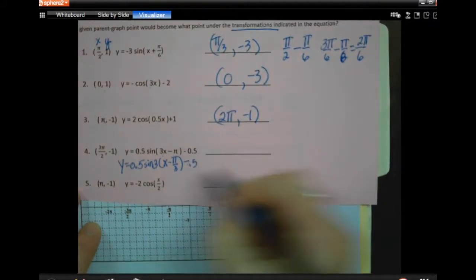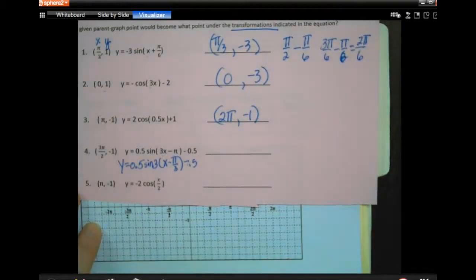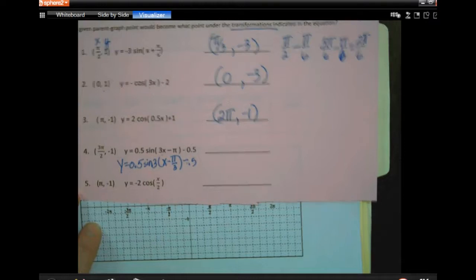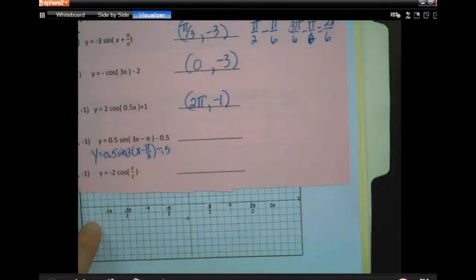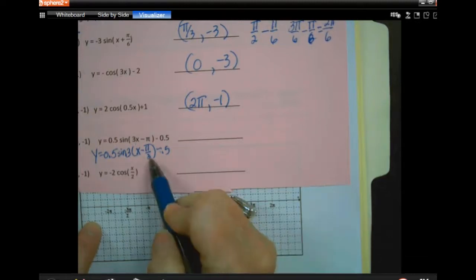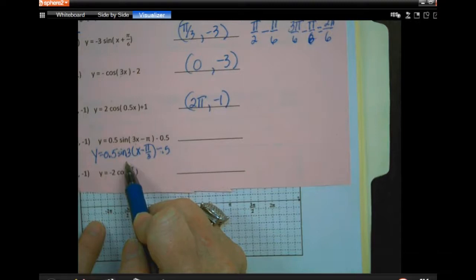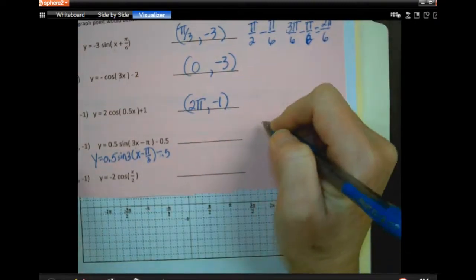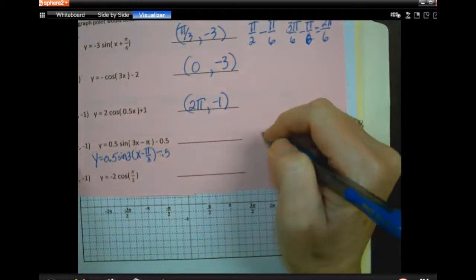So, all right, so next, if I do the 3 pi over 2, and I put it in for x, what affects the x here? Minus pi over 3 and the 3. So what's the first thing I have to do? I have to do the 3. So I'm going to take 3 pi over 2 divided by 3, which is the same as multiplying by a third.